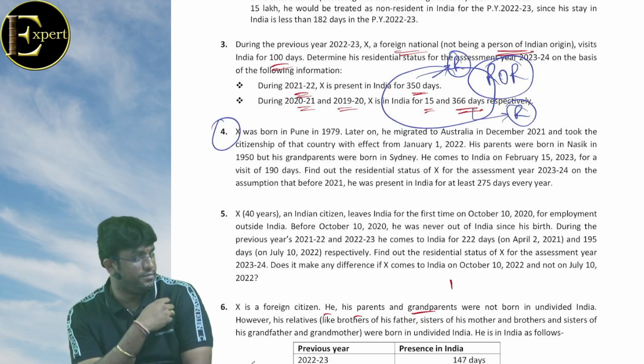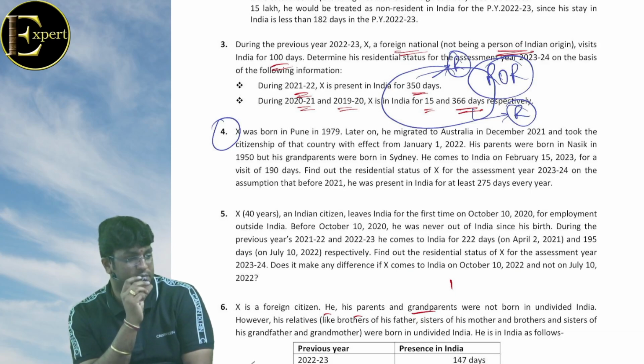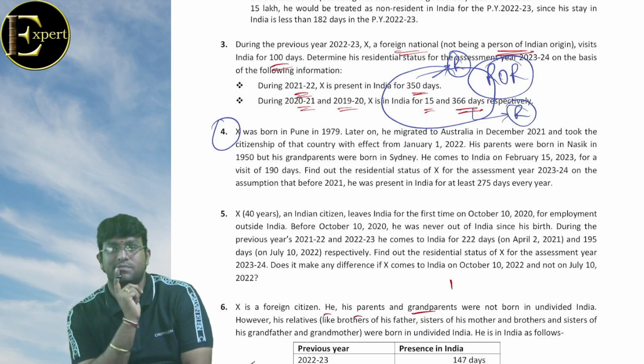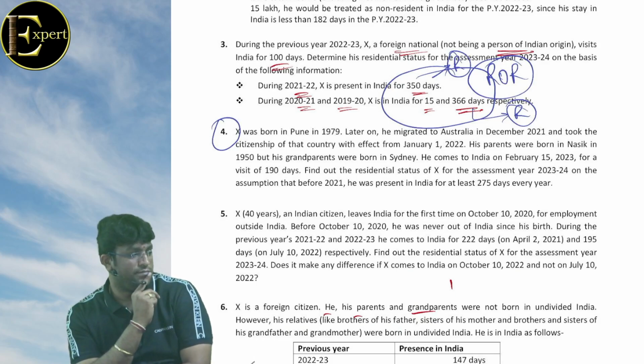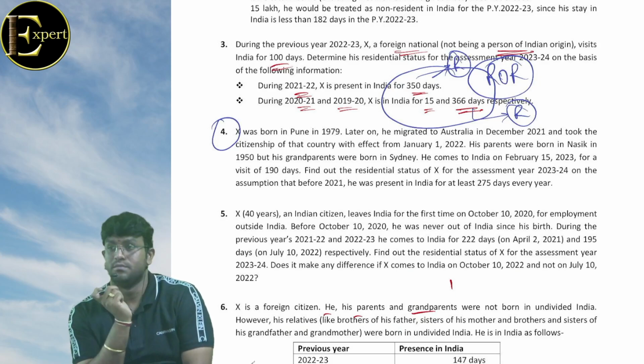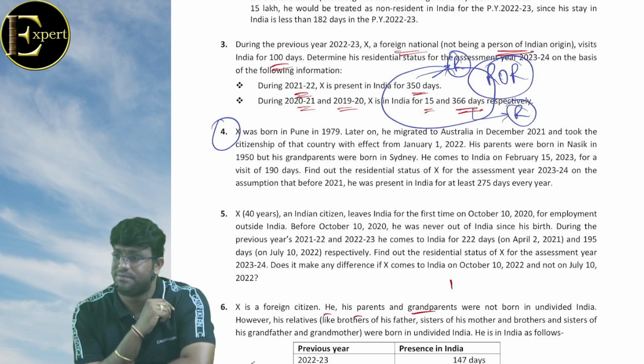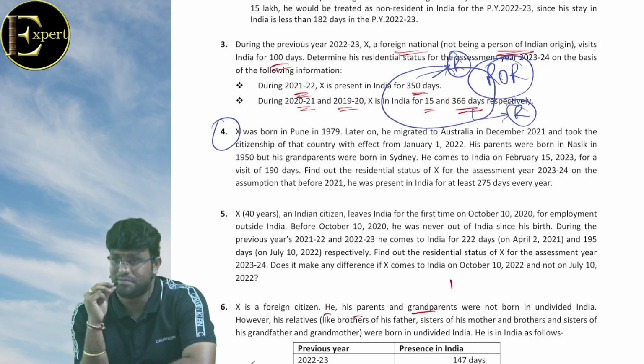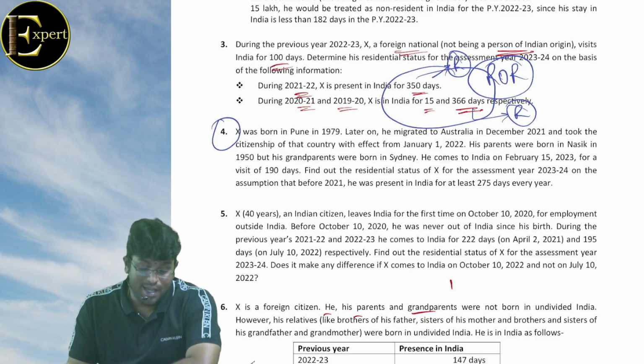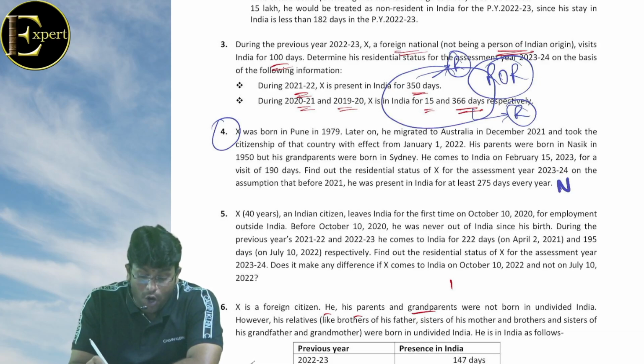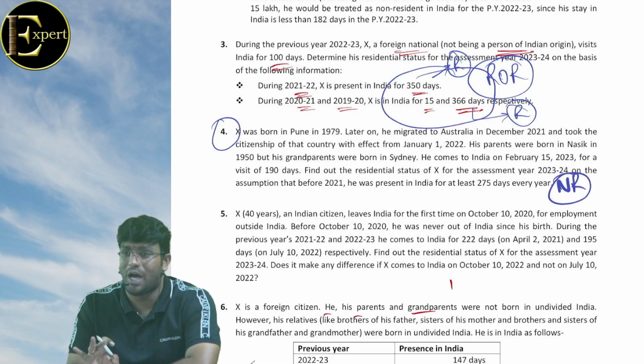Answer for fourth question. The answer for fourth question is non-resident, not ROR, RNOR.